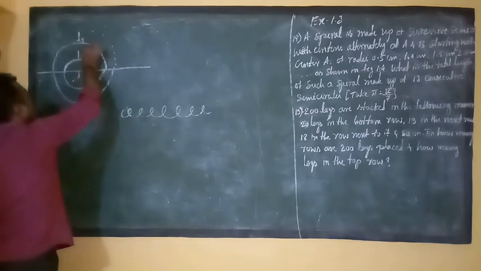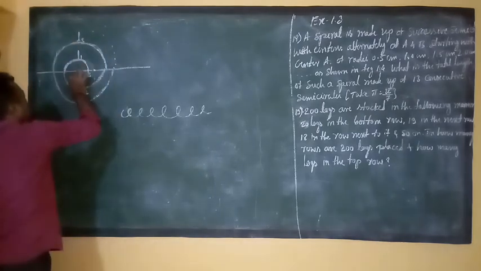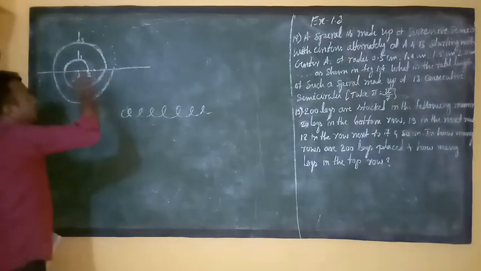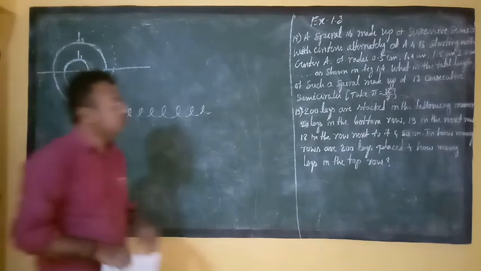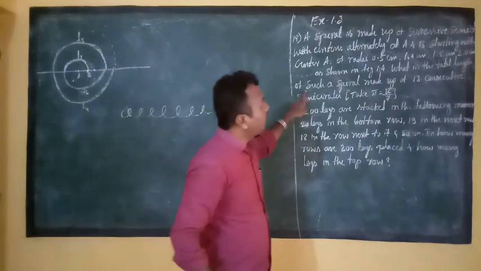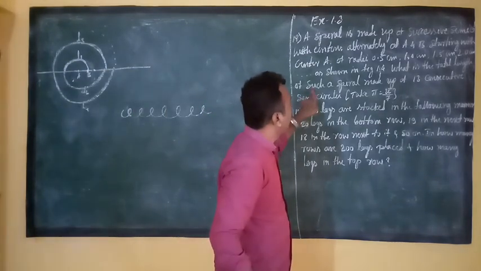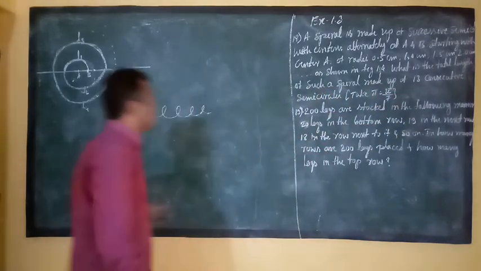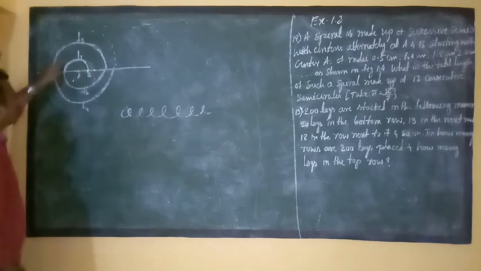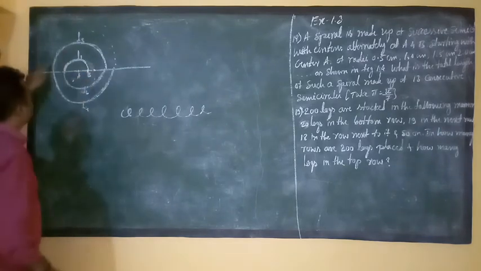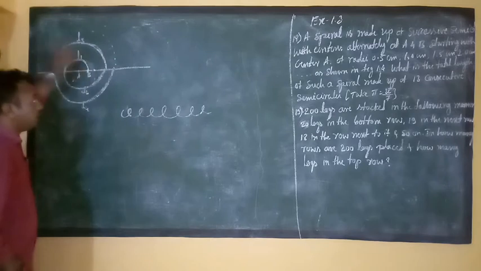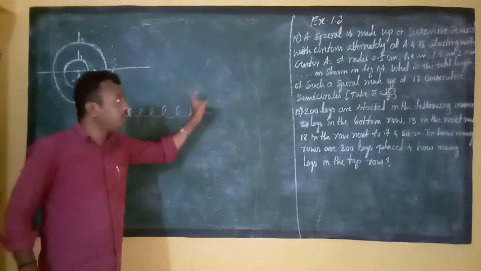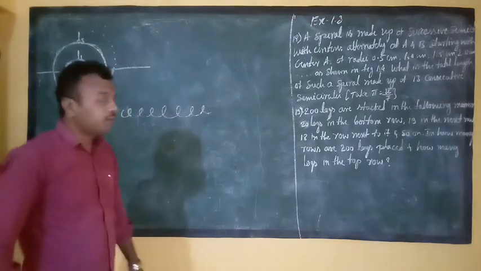And finally, the third is A's semicircle and the fourth length is B's semicircle. So alternately and successively, as shown in the figure, what is the total length of the spiral made up of 13 consecutive semicircles? See here students, first semicircle, second semicircle, third semicircle, fourth semicircle, like that it becomes 13 semicircles making up the spiral.